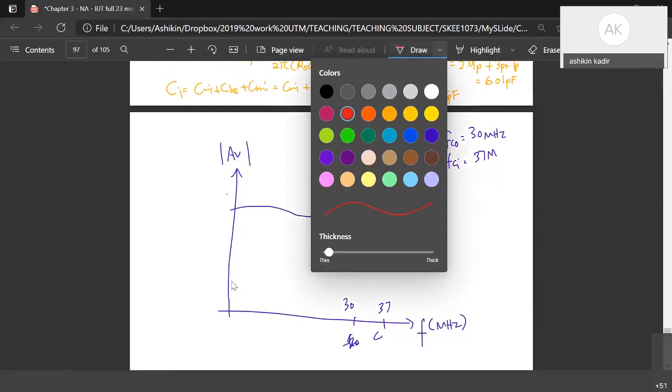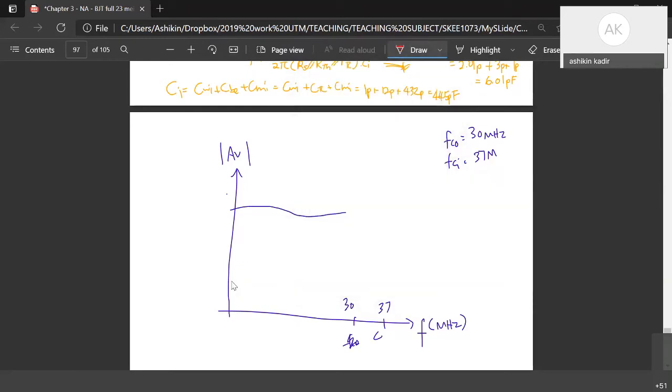your AV is straight, but until a certain frequency, it will change. The changes are caused by the capacitance at the output.